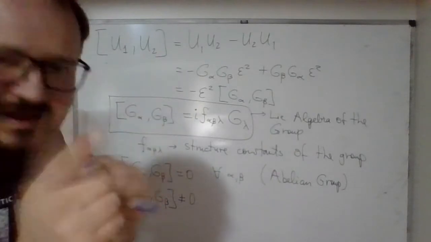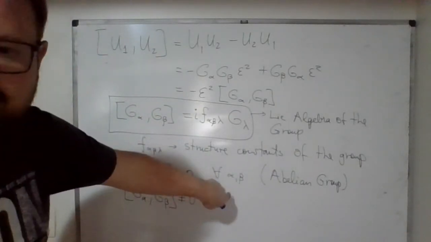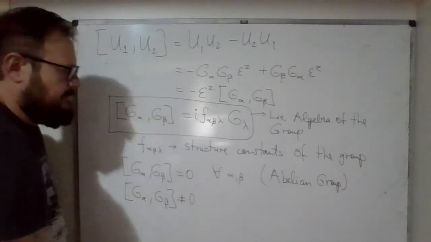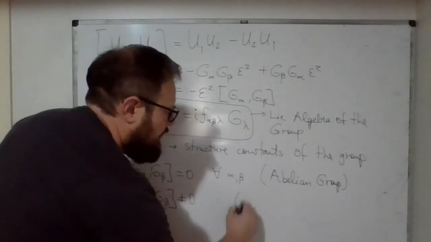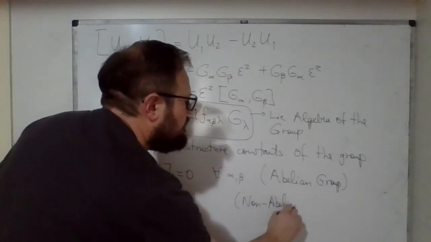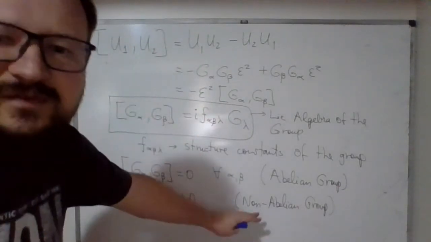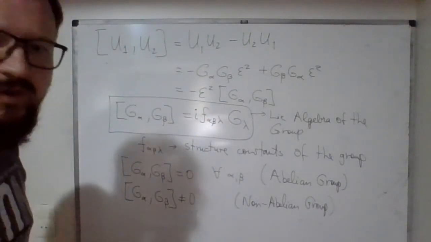If just for one pair of alpha and beta, they do not commute, you have a non-abelian group or a non-commutative group. All right, this is very important.